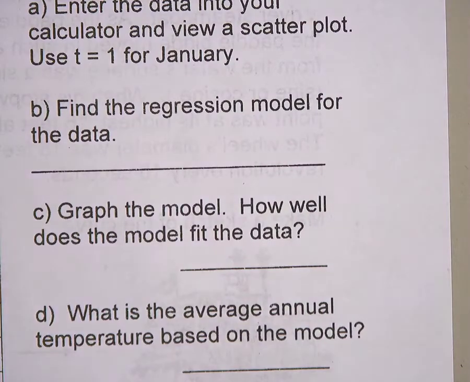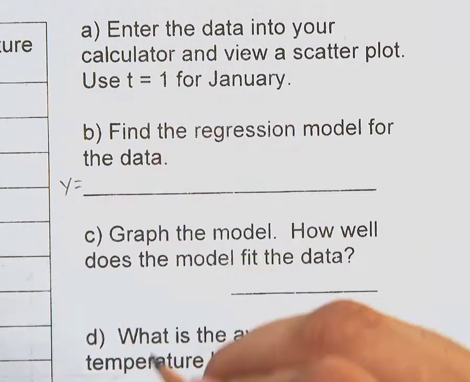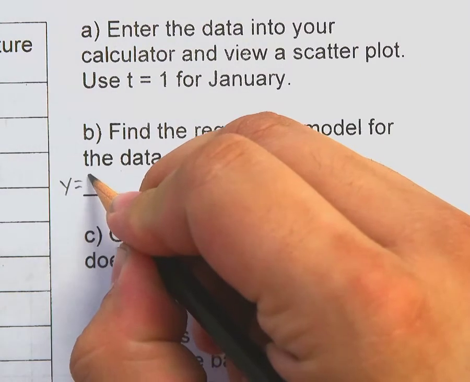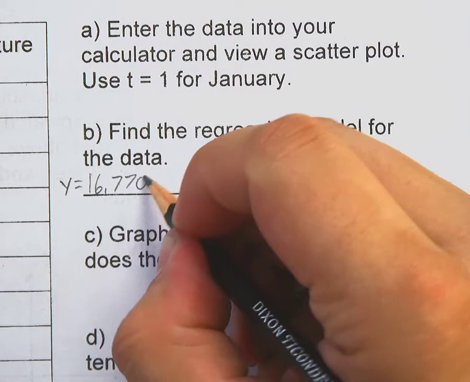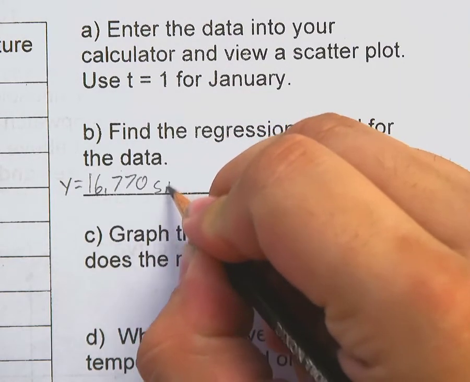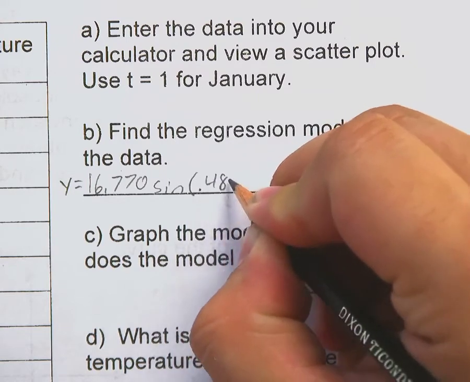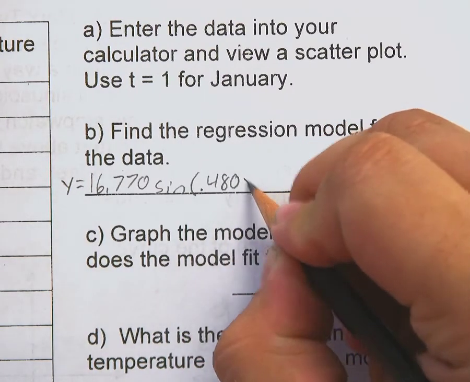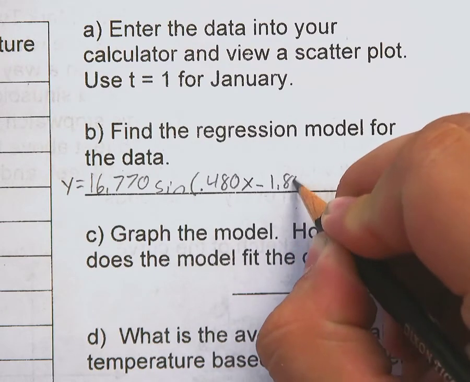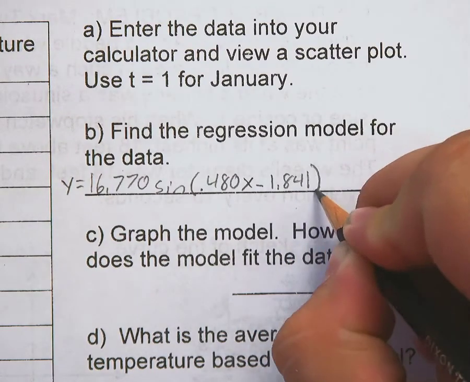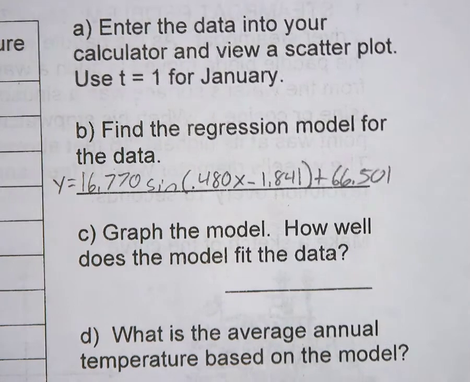I'm going to come up here and I'm going to fill in that equation. Y equals A is 16.770 sine of 0.480 x minus 1.841 plus 66.501.